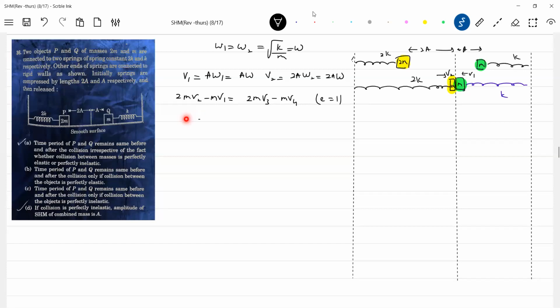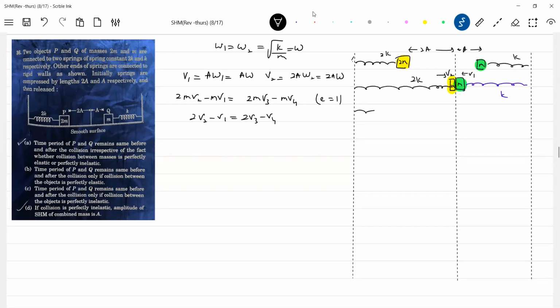He is asking only time period now, sir. No need of velocities. The time period of P and Q remains same before. Okay, that one. Elastic collision, okay, that one. Let me just bring V3 and V4, then I'll get into the problem. Equal to 1 after collision.